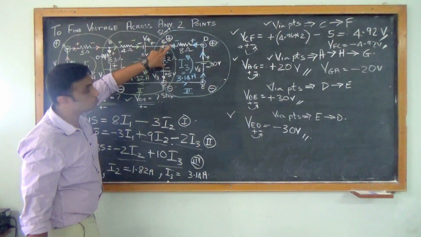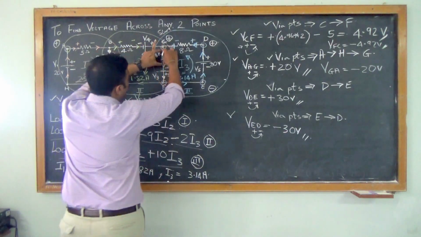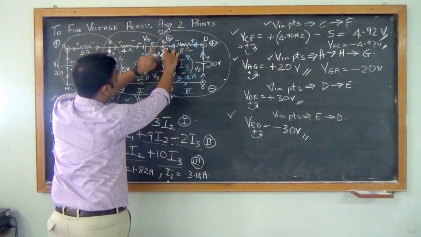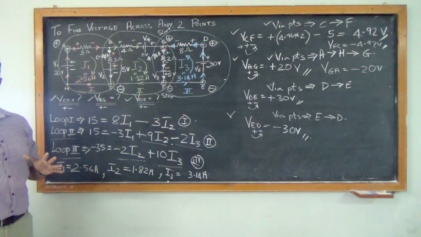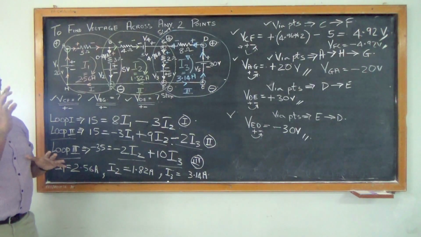So it is across these 2 points. Across these 2 points, this will give me the same voltage, or this will give me the same voltage. With this, we can find out the voltage across any 2 points in a given circuit.